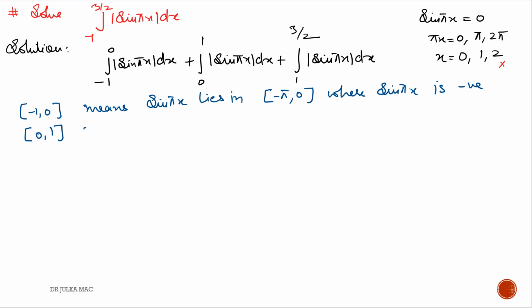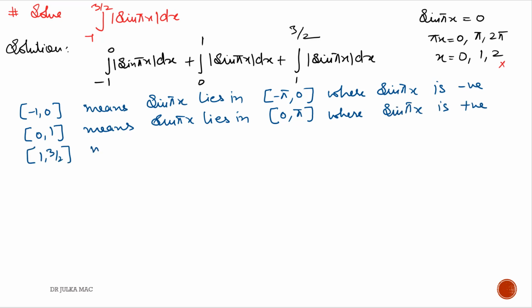If we talk about 0 to 1, it means sine pi x lies in 0 to pi, first and second quadrant, where sine pi x is positive. In 1 to 3 by 2, sine pi x lies between pi to 3 pi by 2, third quadrant, where sine pi x is negative.